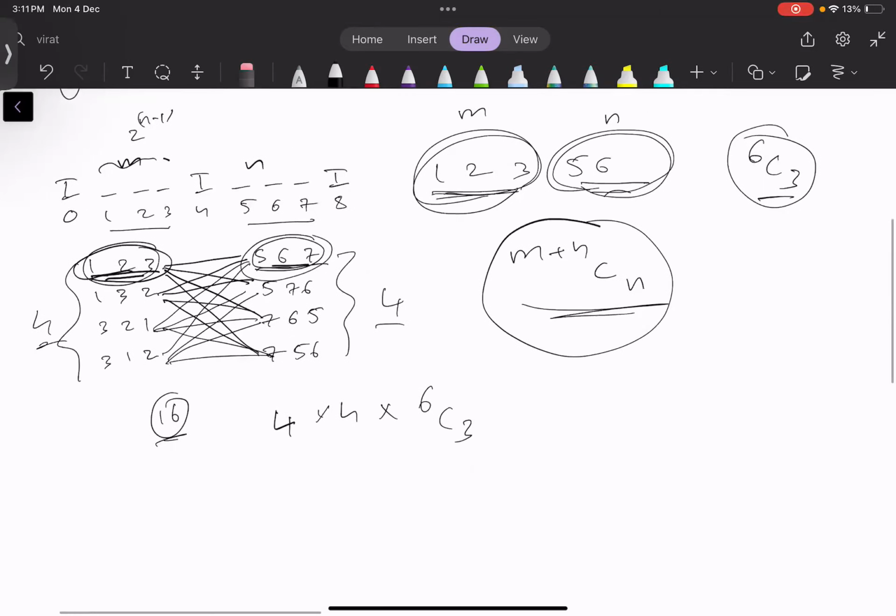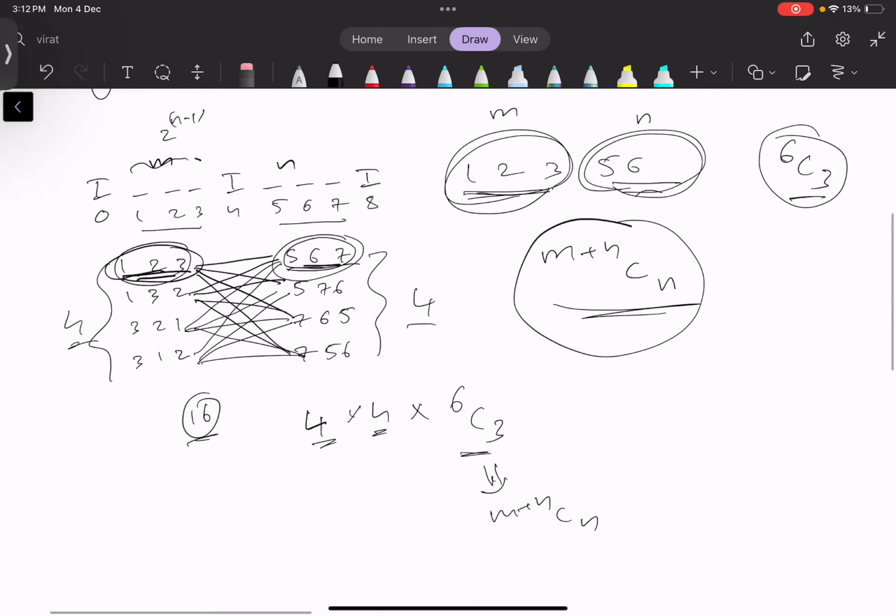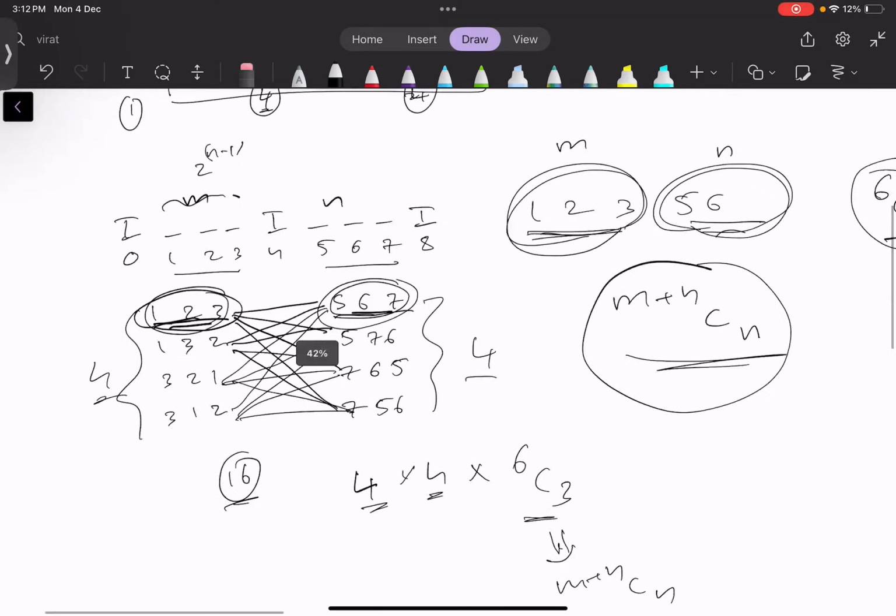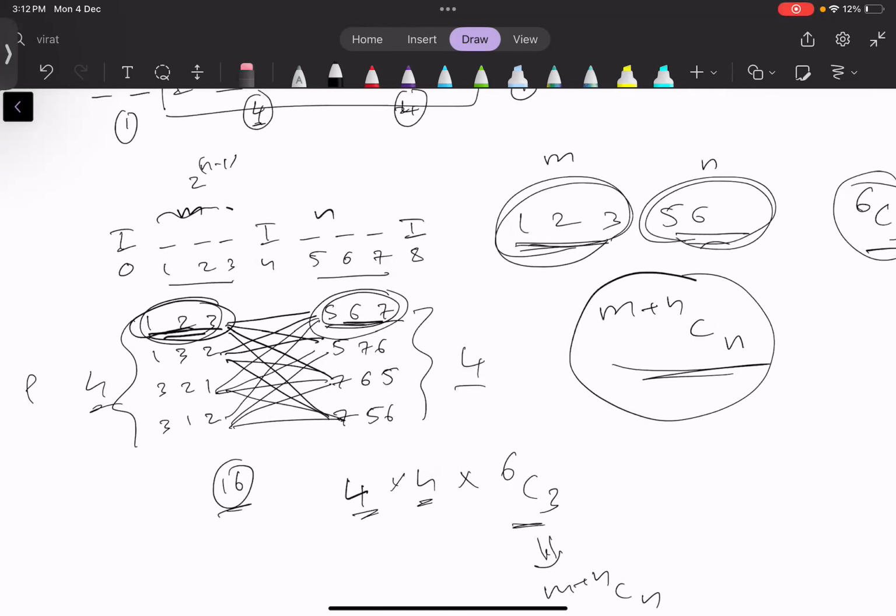Now, what is actually happening? 6C3 is basically M plus N C N, right? And from where are we getting 4 and 4? Here, 4 is the number of possibilities of arranging this first part, this 1 to 3 segment, and the other 4 is the number of possibilities of arranging this part.